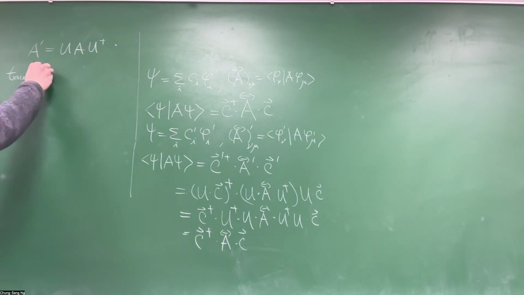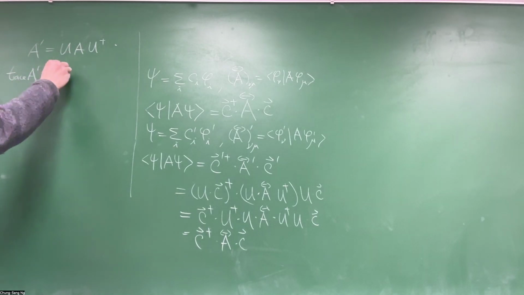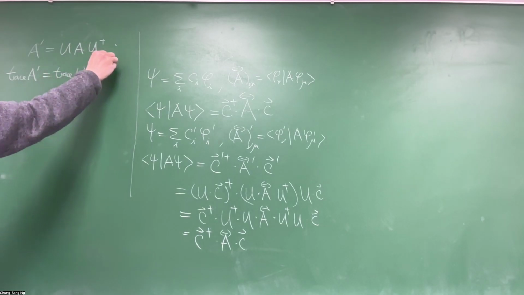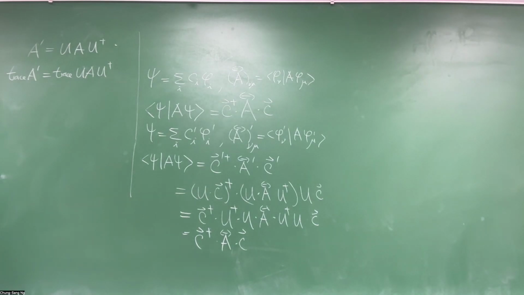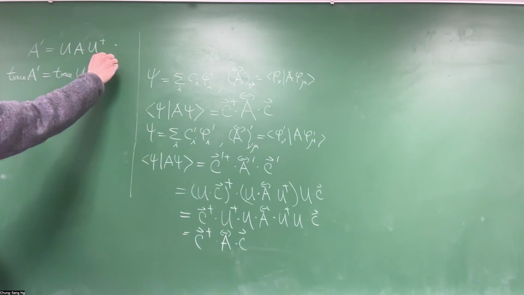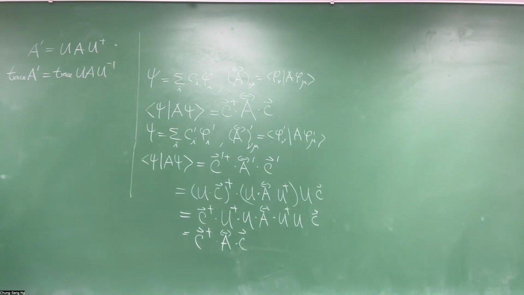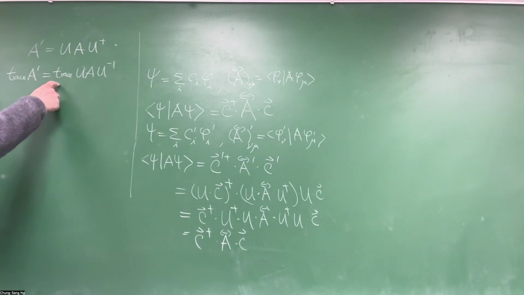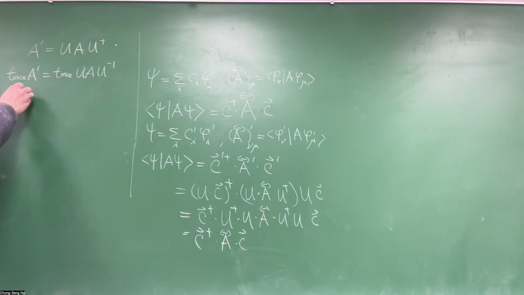Now, just substitute this in here. It's just the trace of U A U dagger, which in this case is just the inverse. Now you can write this in component form to make it explicit.